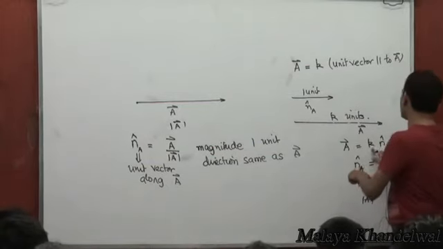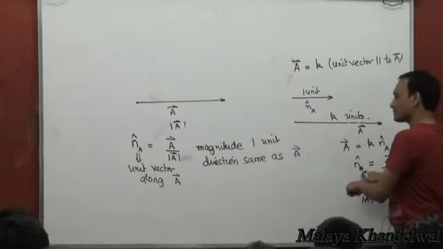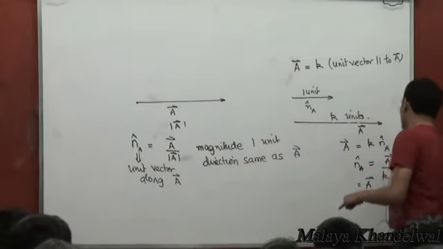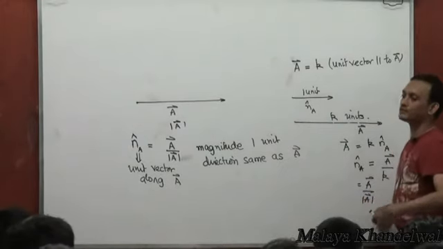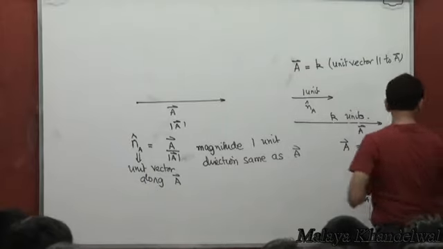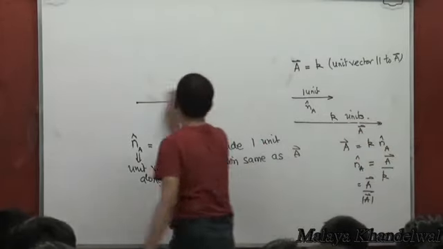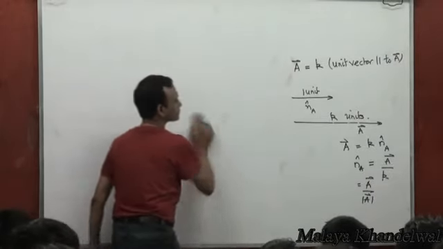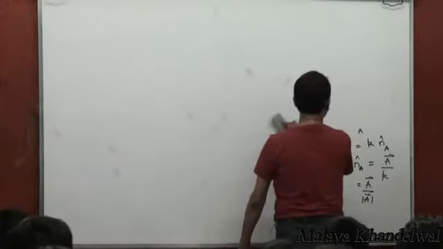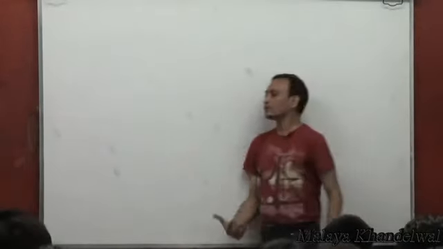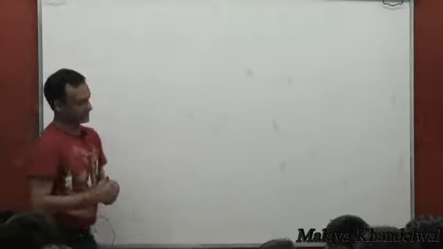So the vector A is k times n cap A, and a unit vector in a direction is given by the vector divided by its magnitude. This is what it is, right? So a unit vector in a direction becomes our reference vector, right?